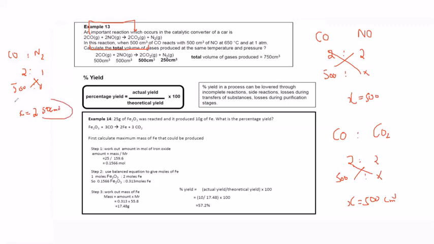So 250 cm cube of nitrogen is there and 500 cm cube of carbon dioxide is there. What is the total volume of gas produced? 500 plus 250, that will give 750 centimeter cube. Is it clear? When an equation is given, you have to use the ratio. Is it clear?